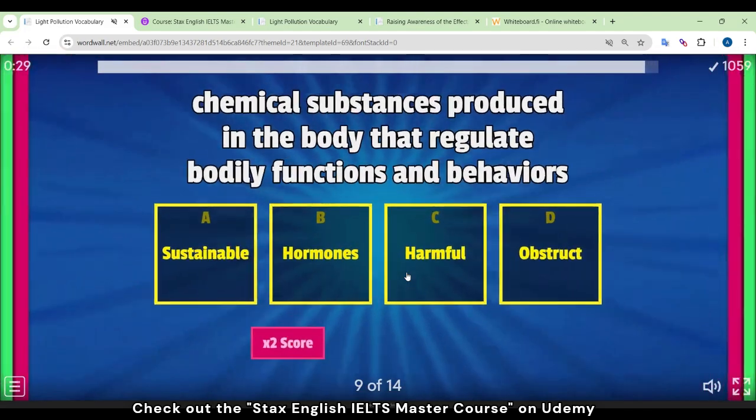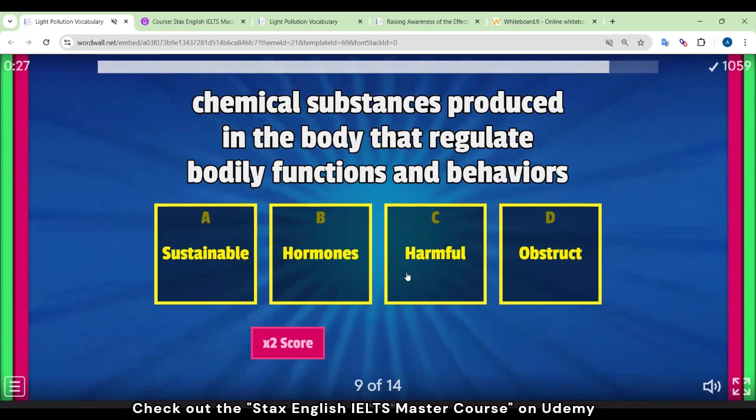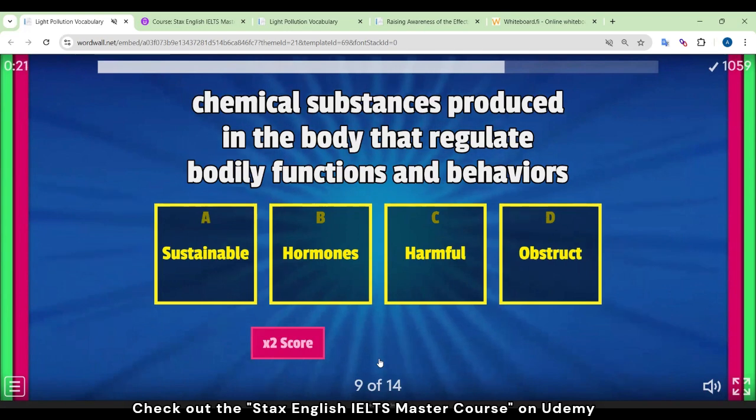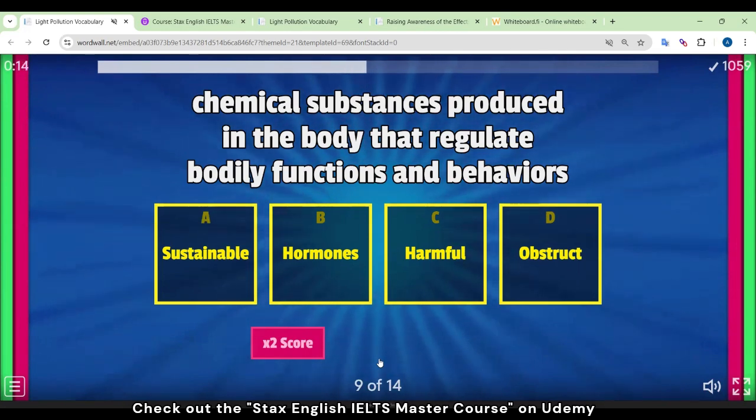So these are chemical substances produced in the body that regulate bodily functions and behaviors. So we're talking about things like estrogen, testosterone, serotonin, dopamine, cortisol. Sustainable. No, sustainable is something that we can continue doing for a very long time.